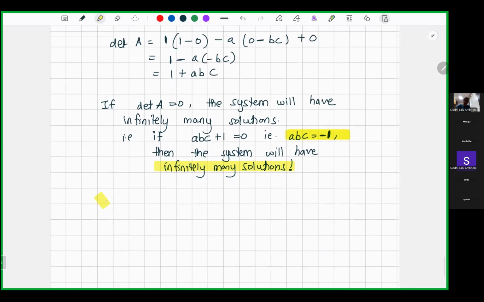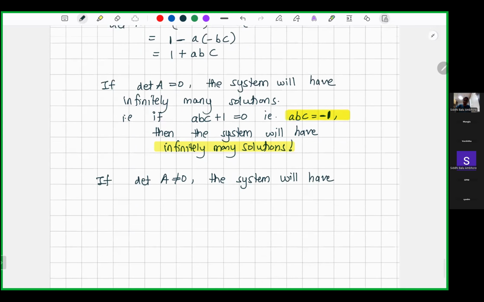Okay, and if the determinant of A is non-zero, the system will have a unique solution.